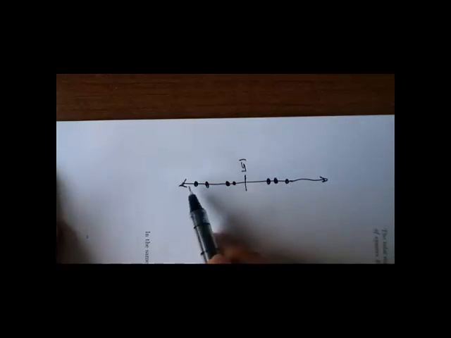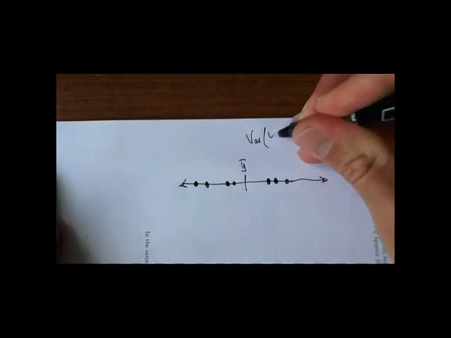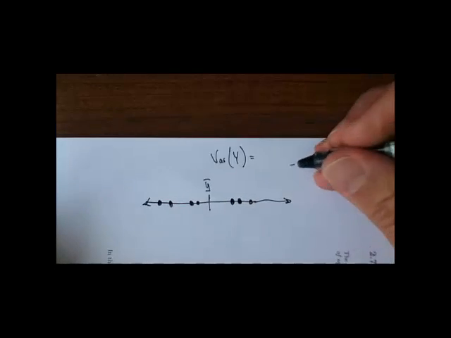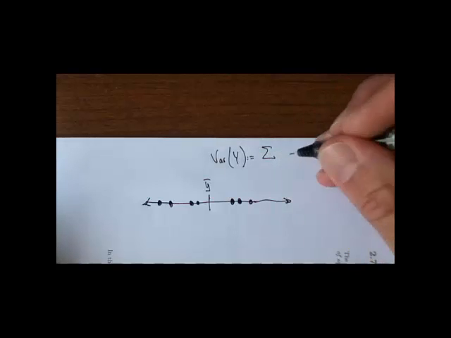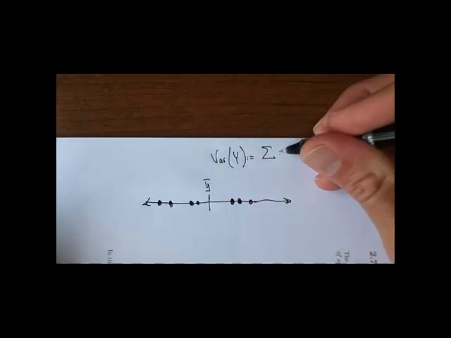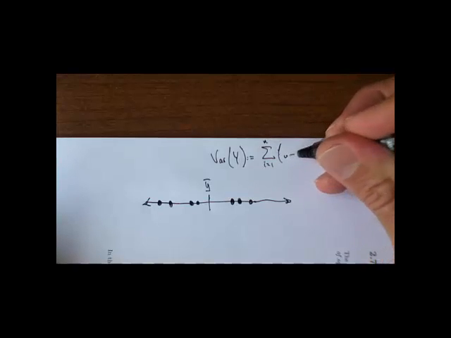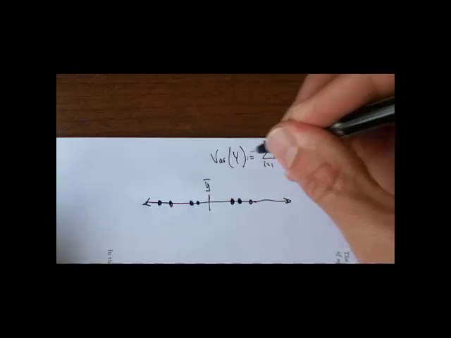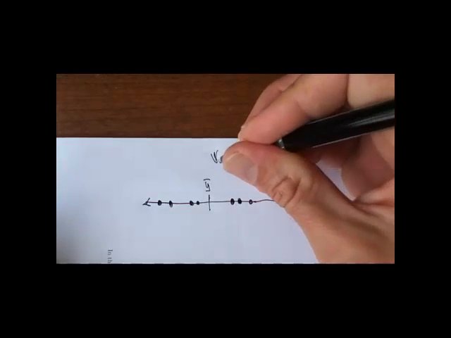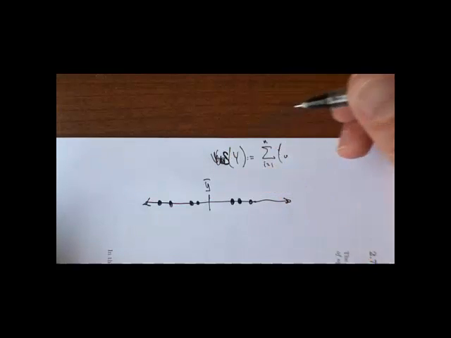There's a variance associated with this, and by the way, if you don't know the variance of a random variable, let me write it like this: the sample variance of this random variable y.